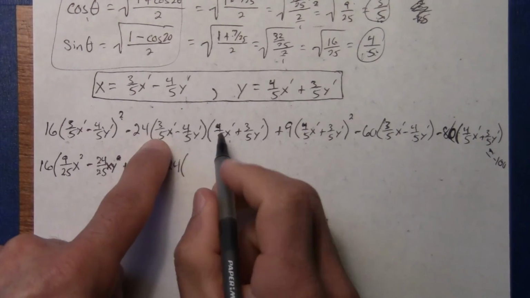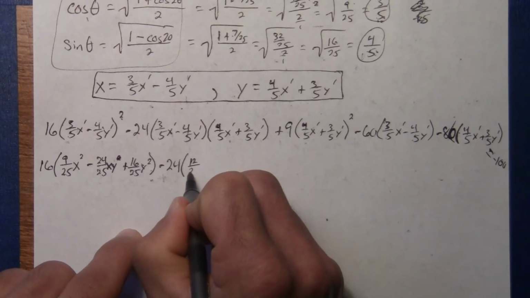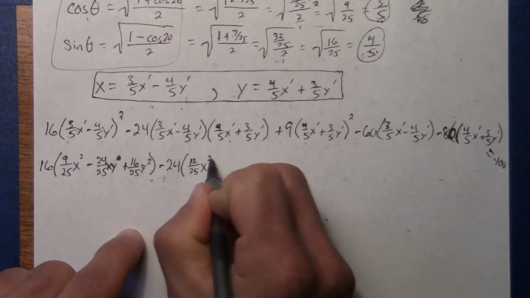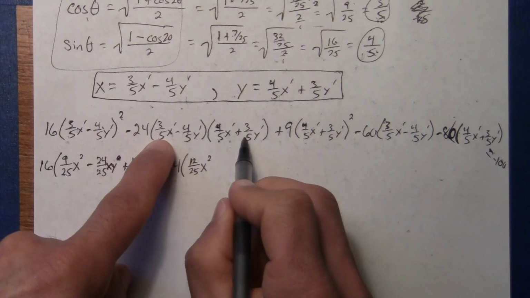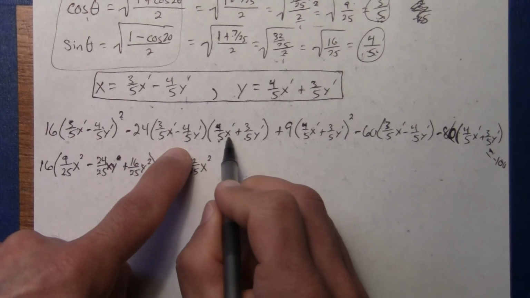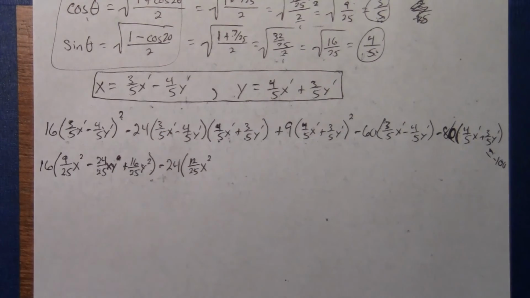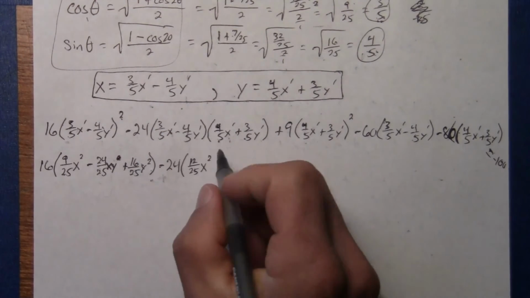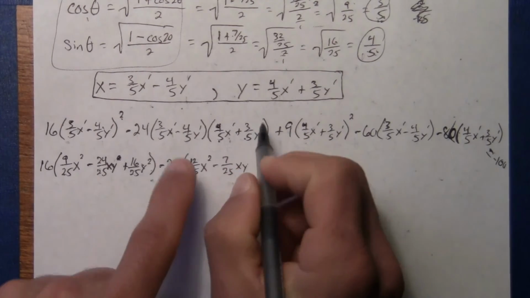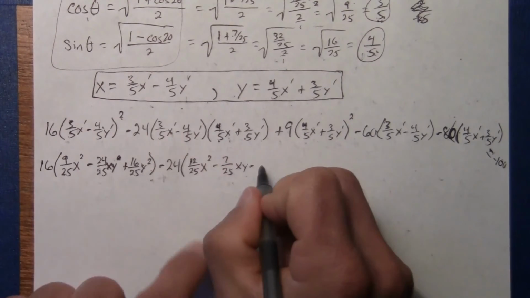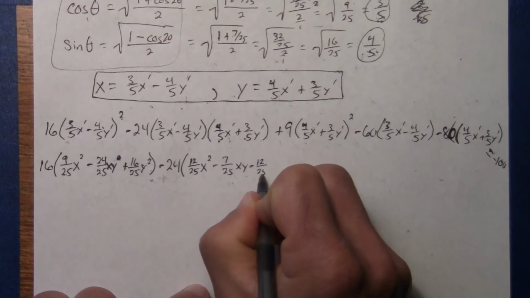Alright, minus 24 times, first would give me 12/25 x squared. Insides would give me negative 16, outsides positive 9, which should end up giving me a negative 7/25 xy. And then the last looks like it's going to give me negative 12/25 y squared.